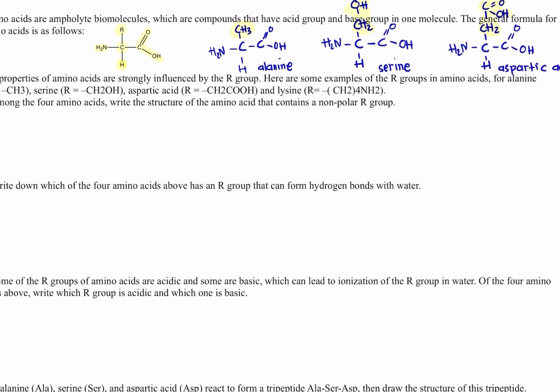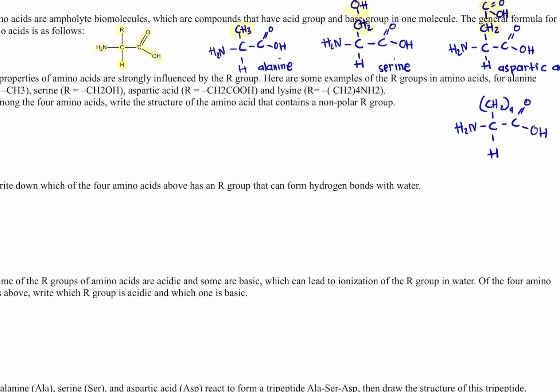And then the next one here is lysine. If we want to draw the lysine structure, we have C, and it connects to the carboxylic acid over here, and then this connects to the amine, and this also connects to the hydrogen, and the R group for lysine. So we have (CH2)4.